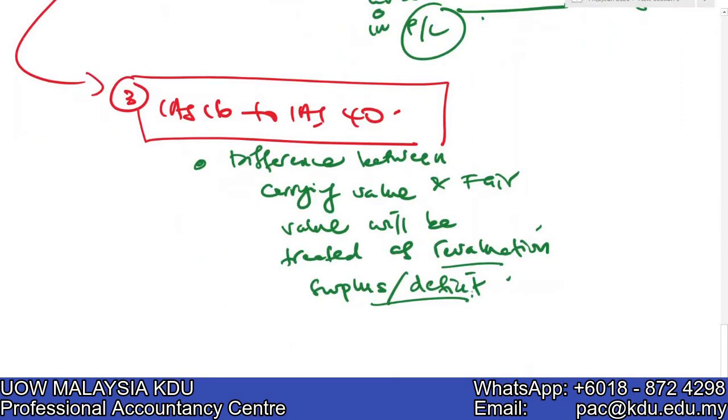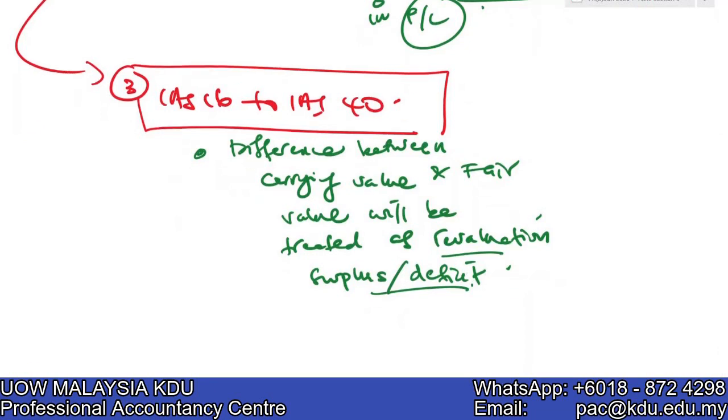Meaning, same as in IAS 16, isn't it? Any changes go to revaluation reserve. It can be either revaluation surplus or revaluation deficit, whether the revaluation is an increase or decrease, isn't it?